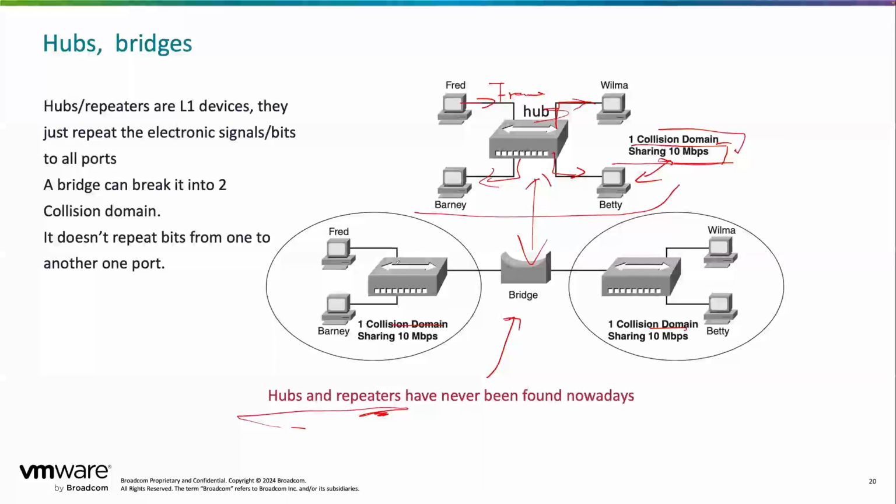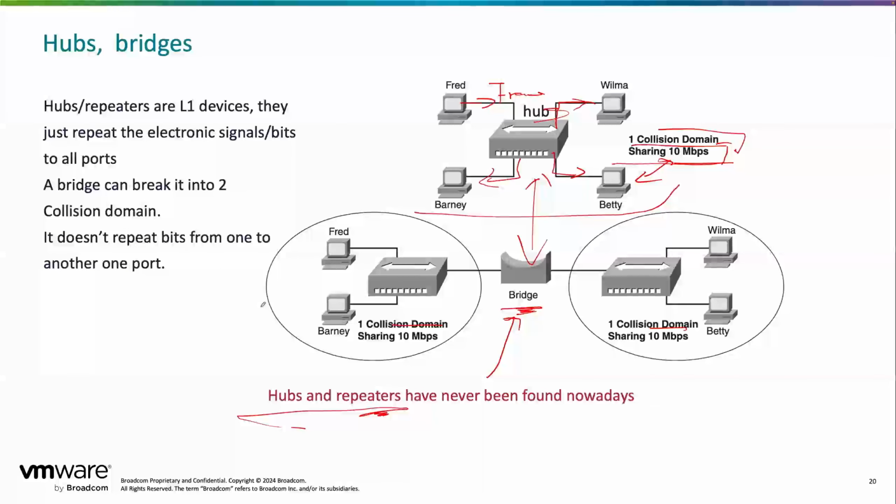Fred and Barney have their own collision domain, and Wilma and Betty have their own collision domain. They don't interfere with each other. That's what a bridge is all about.